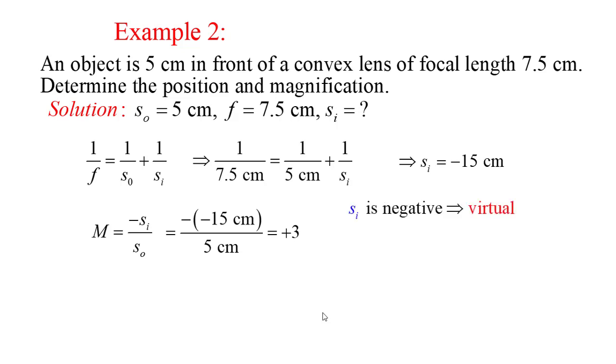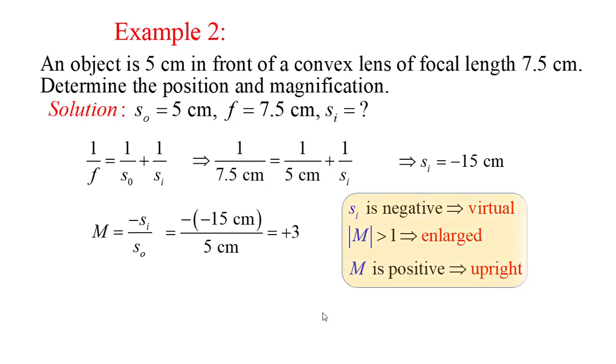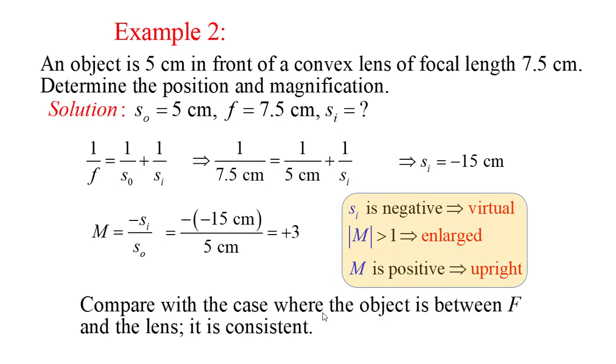Because Si is negative, the image must be virtual. Because magnification is larger than 1, the image is enlarged. Because magnification is positive, that is positive 3, the image must be upright. You can compare this with the case where the object is between F and the lens that we have seen previously, to see if this is consistent or not.